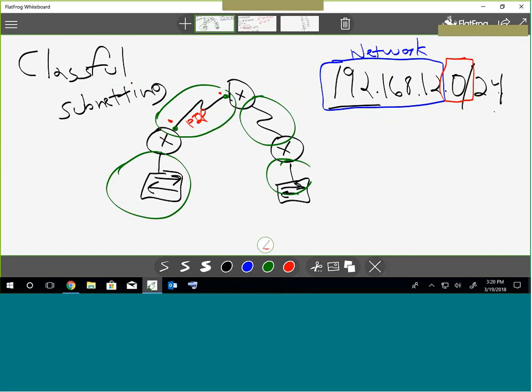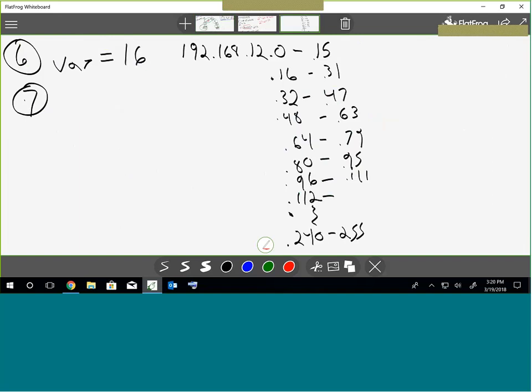So what if, instead of using classical subnetting, where every single subnet was the same, what if I could take this subnet right here, and what if I could subnet it again? In other words, what if I could borrow more bits than just 4?